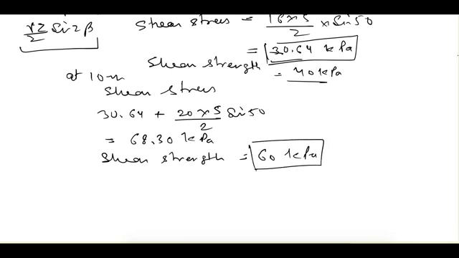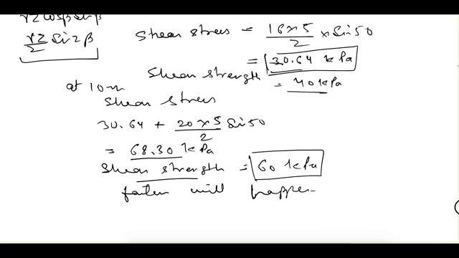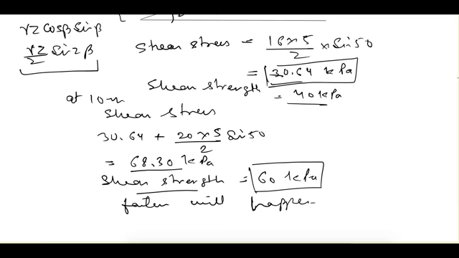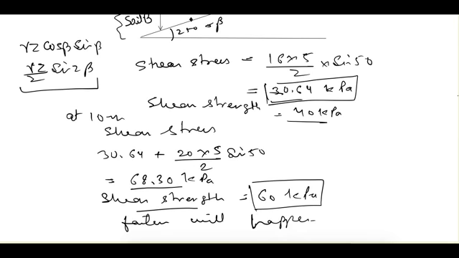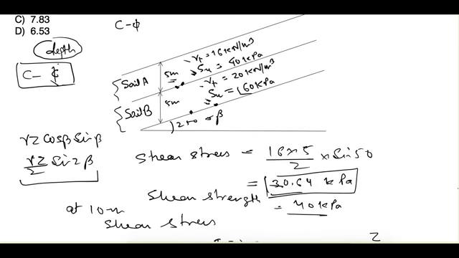So it means that in soil 2, or soil B, shear strength is less than shear stress. So failure will happen. Where will the failure happen? Shear stress is increasing with depth. If Z is increasing from the top, the shear stress is increasing.